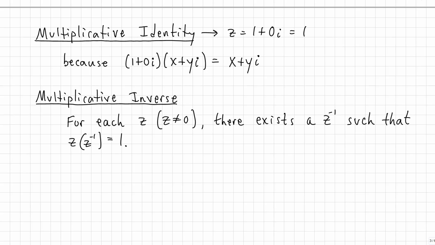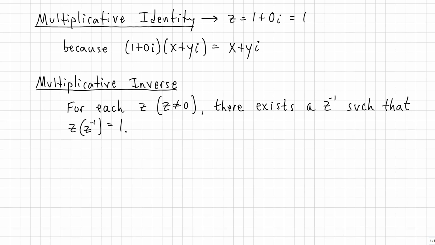For the complex numbers, we call it the multiplicative inverse, which is also what it's called in the real numbers, but reciprocal is a popular term also. As long as you don't have 0 for the complex number, there's going to exist a multiplicative inverse, so that you can take that number times its multiplicative inverse and get positive 1, which is the multiplicative identity.